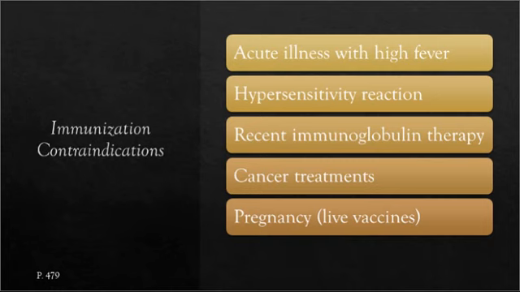If they just had IgG therapy, then they should not get a vaccination while their body's already actively processing this. If they're on cancer treatments, no live vaccines. You can get the influenza vaccine, the dead vaccines during pregnancy, but no live viral vaccines.